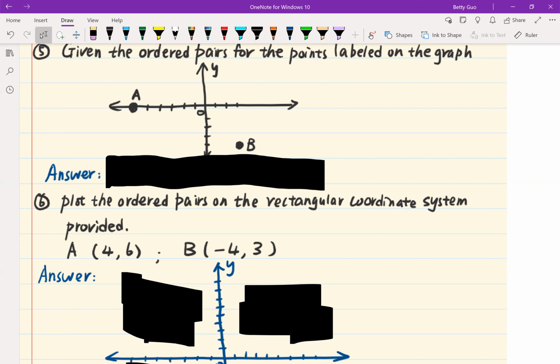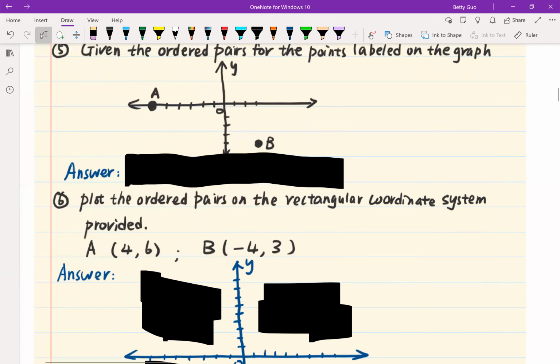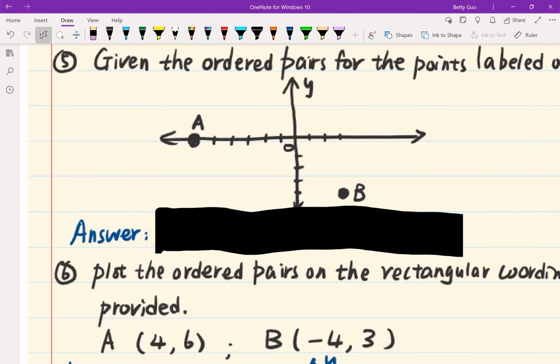Where is point A? Quadrant 1 or quadrant 2 or 3 or 4? It's not in any quadrant, right? Is it on the x-axis? What are the coordinates of this point? A is 1, 2, 3, 4, 5, 6 units to the left of the origin. So what is it? -6, comma 0.